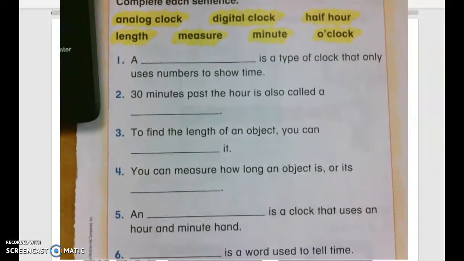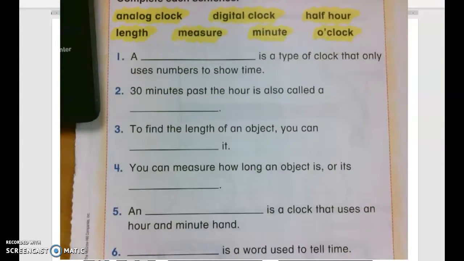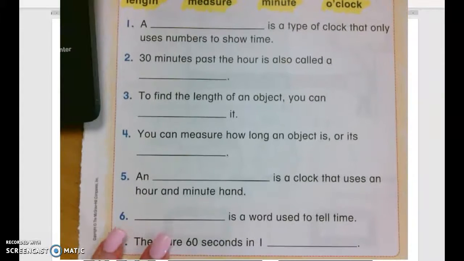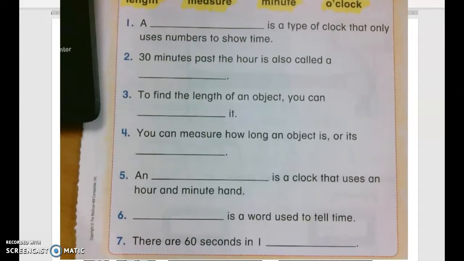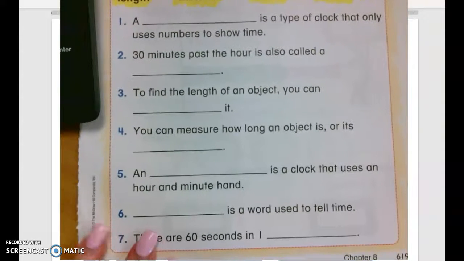Number 2, 30 minutes past the hour is also called a blank. Number 3, to find the length of an object, you can blank it. Number 4, you can measure how long an object is or its blank.